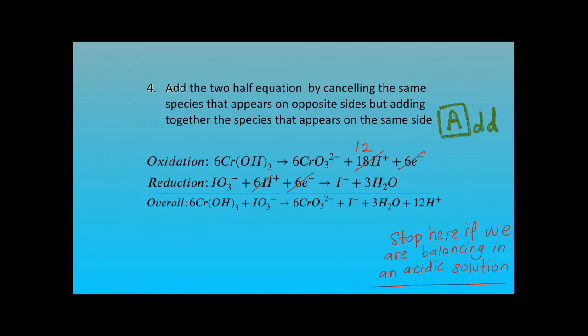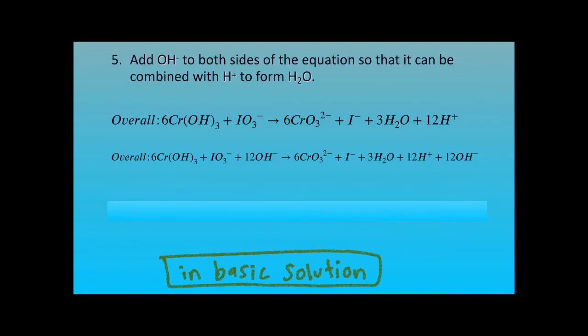If you are balancing redox equation in acidic medium, you should stop here. If you are balancing in basic medium, there are a couple of steps to follow. We should move to the next step which is add OH⁻ to both sides of the equation. The number of OH⁻ to add depends on how many H⁺ are there in the equation.